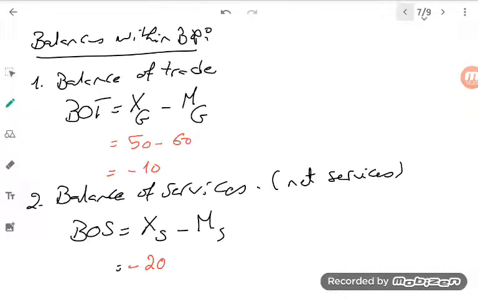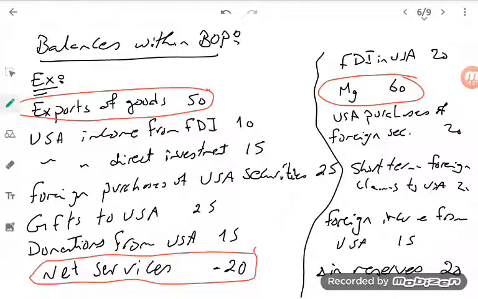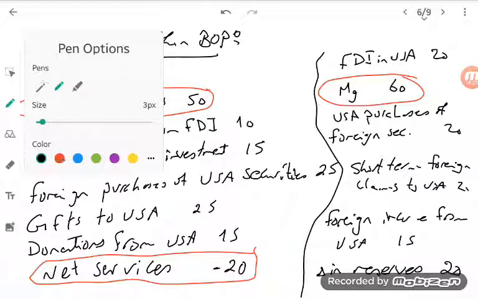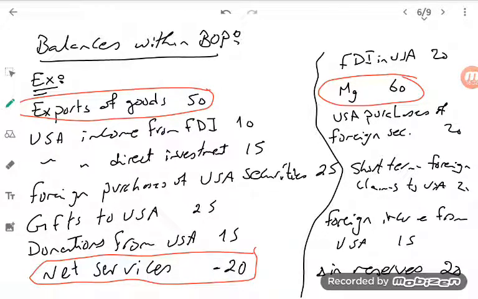Returning back to our example, USA income from foreign direct investment. So this is income received, as we are going to talk about the United States.